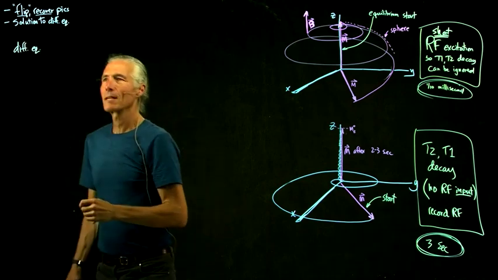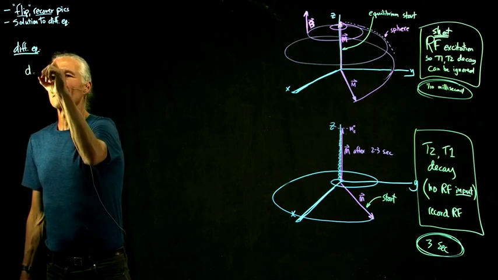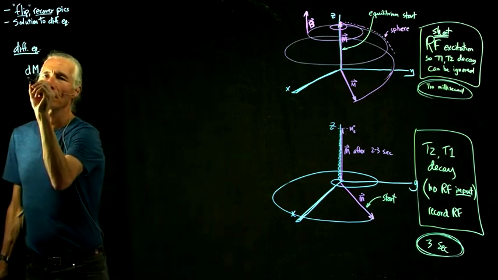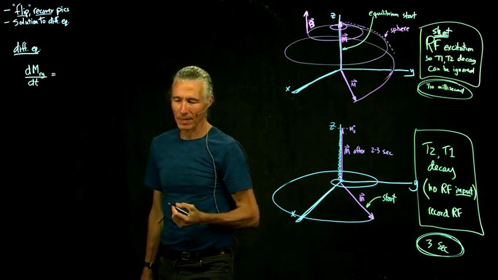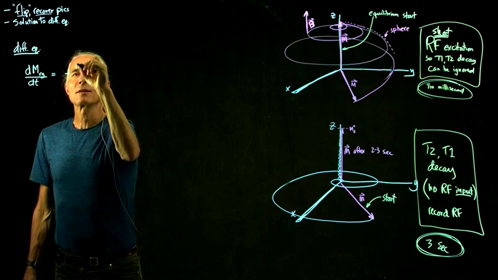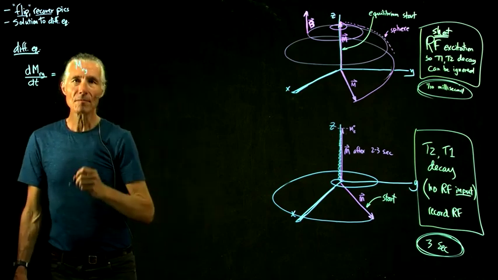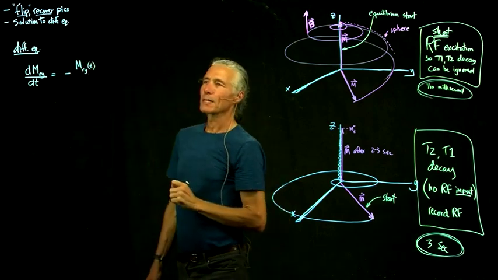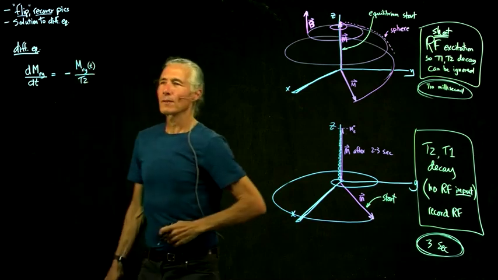That differential equation was the change in the xy vector over a short period of time, which is just the T2 decay part of the Bloch equation, equals this relatively simple expression: the current value of the XY magnetization, divided by T2. So that's a very simple equation.